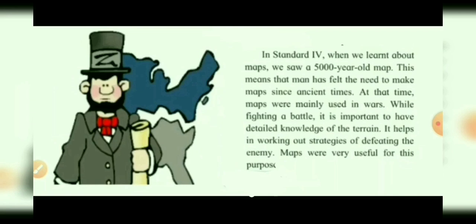In Standard 4th, we have learned about maps. We saw a 5,000-year-old map. This means that man has felt the need to make maps since ancient times. At that time, maps were mainly used in wars. While fighting a battle, it is important to have detailed knowledge of the terrain.